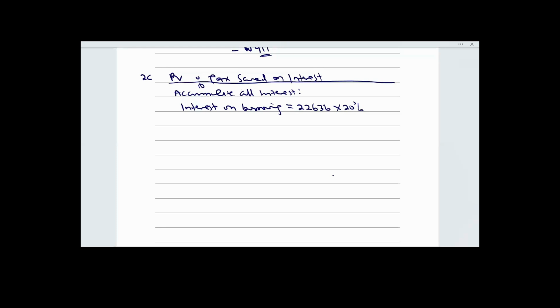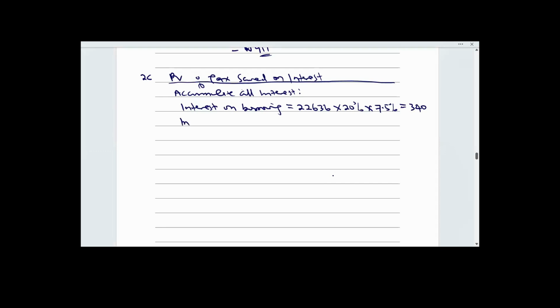The interest rate on normal borrowing is 7.5%. So 22,636 multiplied by 0.2 multiplied by 0.075 equals 340.